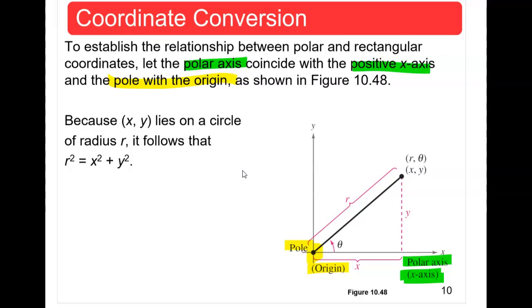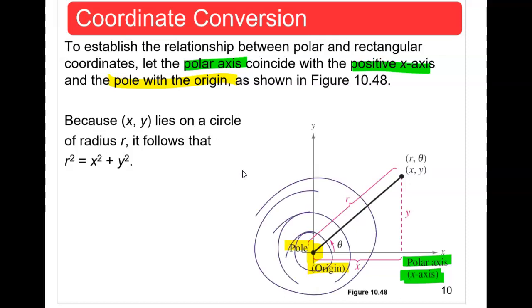Because any point x, y lies on a circle of radius r, it follows that if we were to trace those concentric circles that we were using to graph, every point will have a radius, of course, but they will also have an angle.